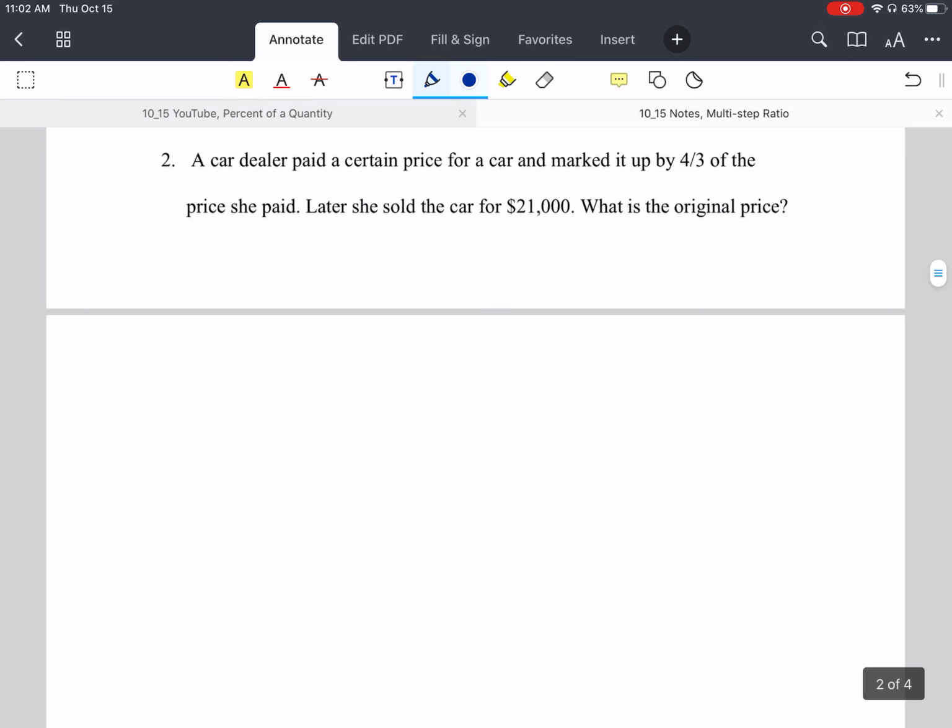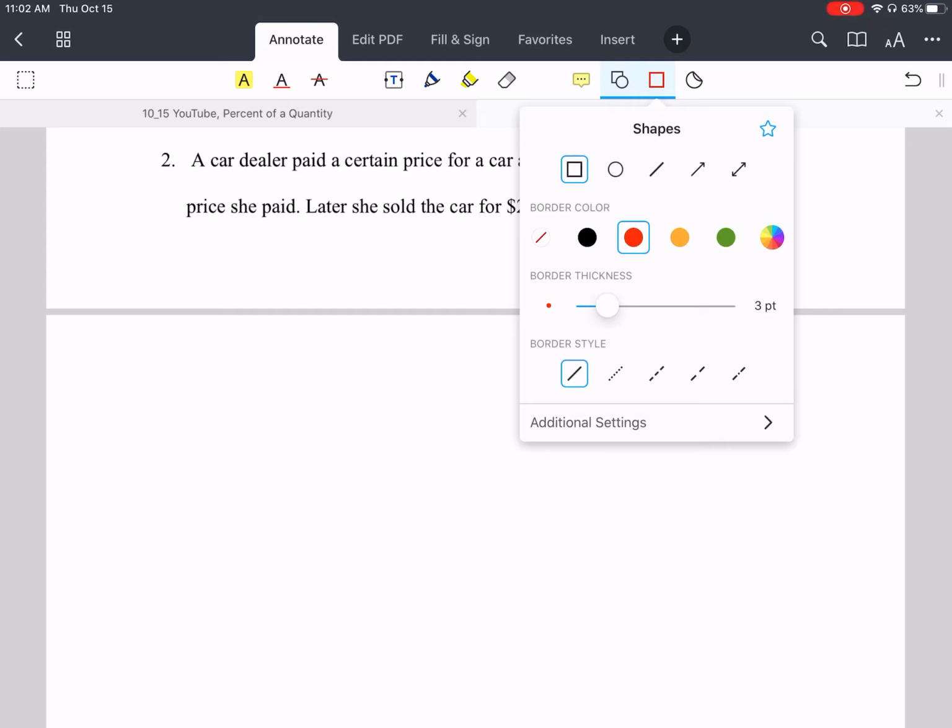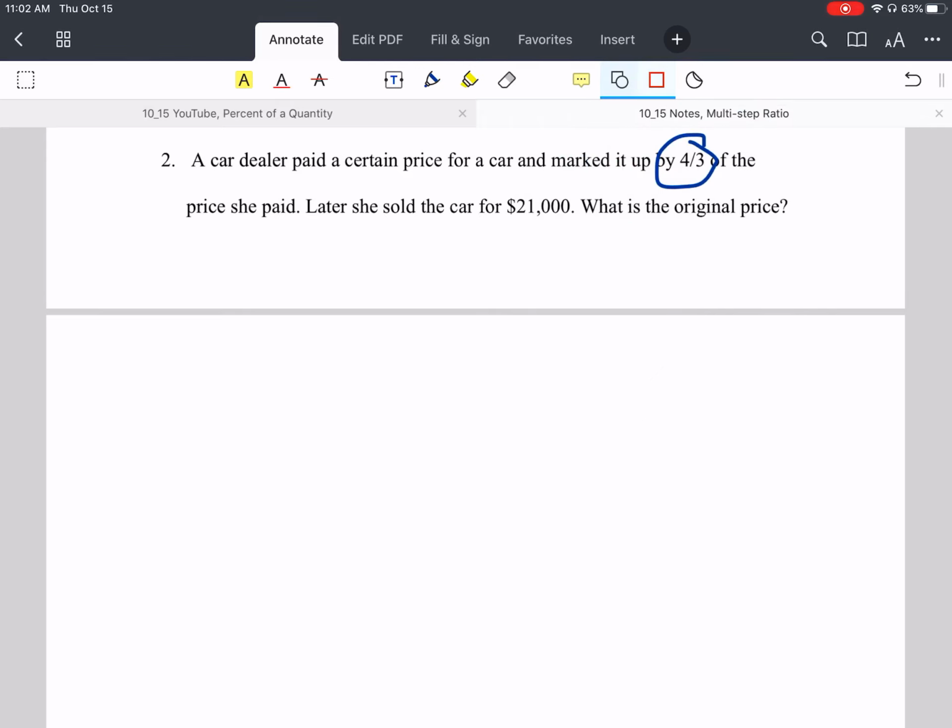Next question. A car dealer paid a certain price for a car and marked it up by 4/3 of the price she paid. So looking at this fraction 4/3, that means that we're going to start with 3 boxes because we're dealing with thirds.